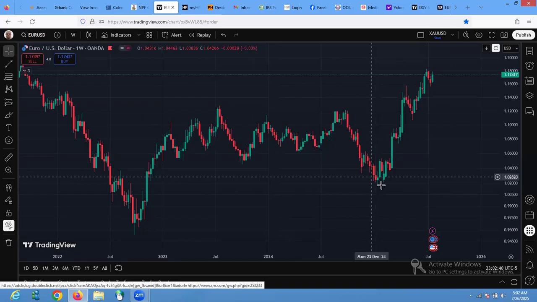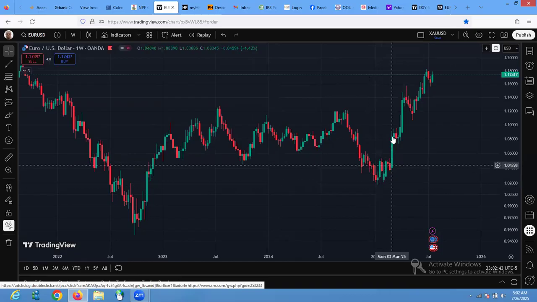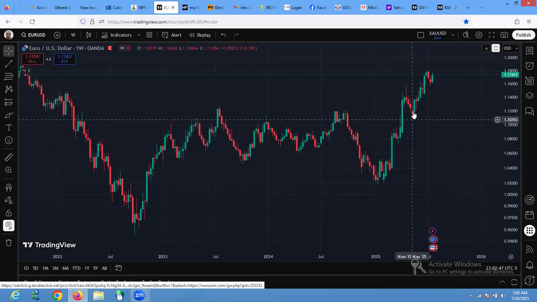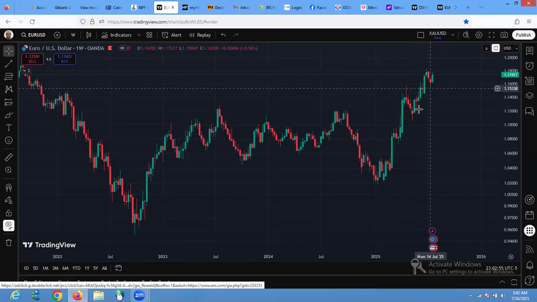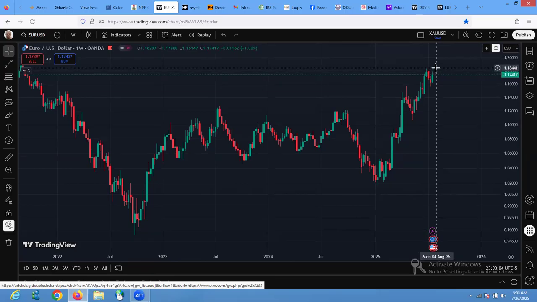Then you can see this move, the first move, the correction, the pullback, wave 4. And what we are seeing here is a motive sequence to the upside. This may be a wave 1, 2, and this may just be a wave 4 of this move. And we are in for the last wave 5 to the upside. And it's almost even breaking the top that we have done so far.